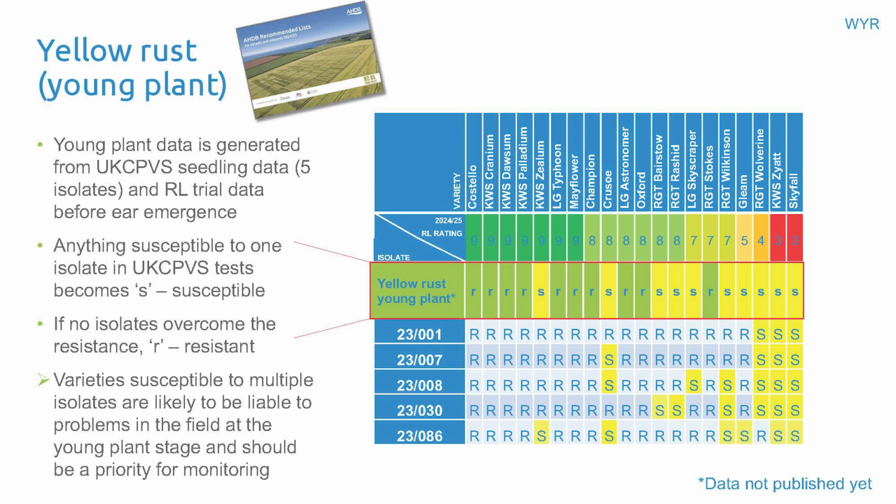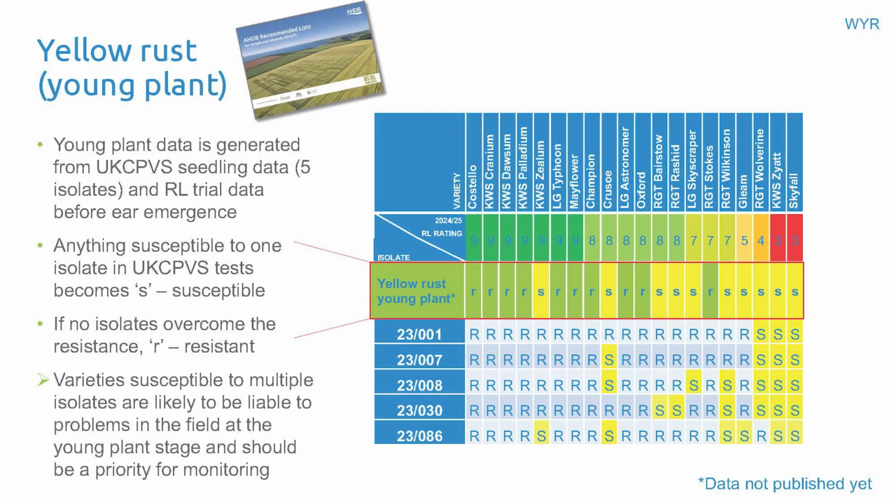It also takes into account RL trial data before ear emergence. So basically what that means is if AHDB noticed that a variety that I'm saying is resistant in my seedling test, but they're seeing infection on field trials, they can change that rating to an S if they feel it's appropriate.